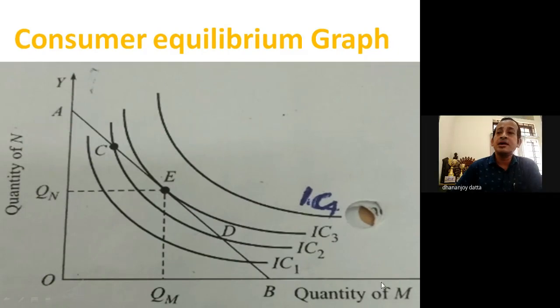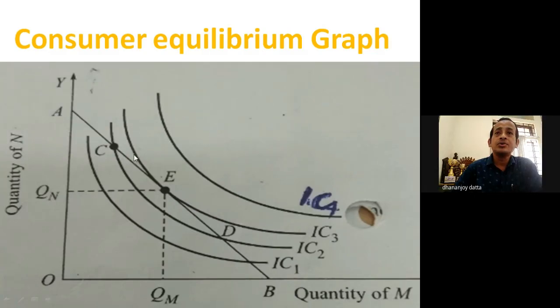Then on the x-axis, we can see that the consumer can purchase OQM quantity of the M product with the given budget and price. And these points are tangent to the indifference curve 3, IC 3.